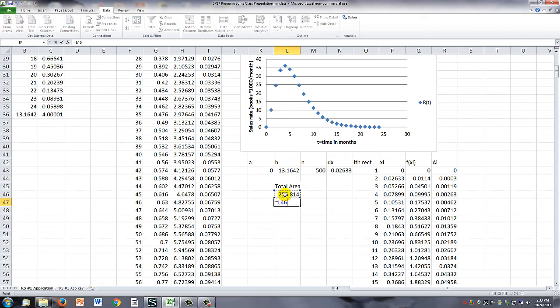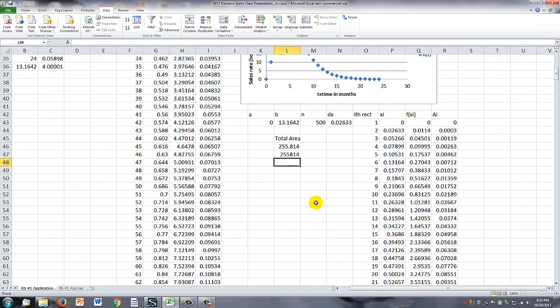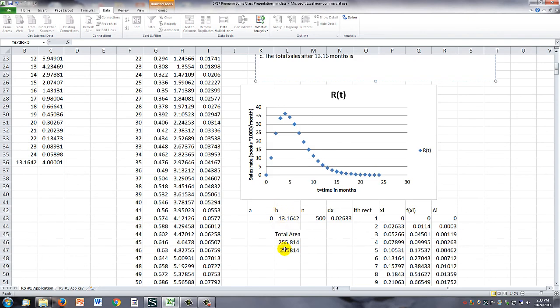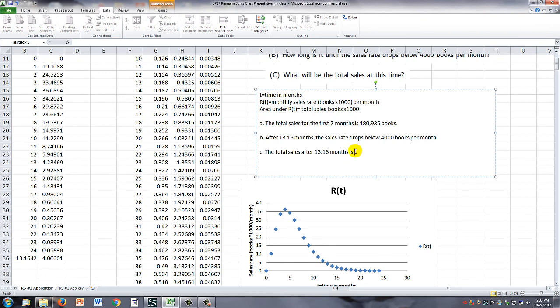And if we want to show what it is with the thousands multiplied, that is the answer here. So the total sale after 13.16 months is 2,255,814 books.